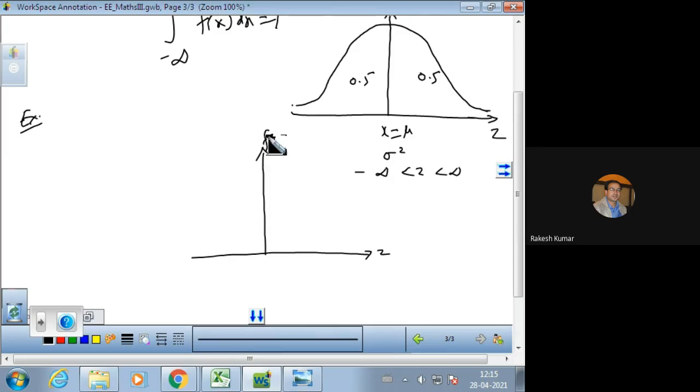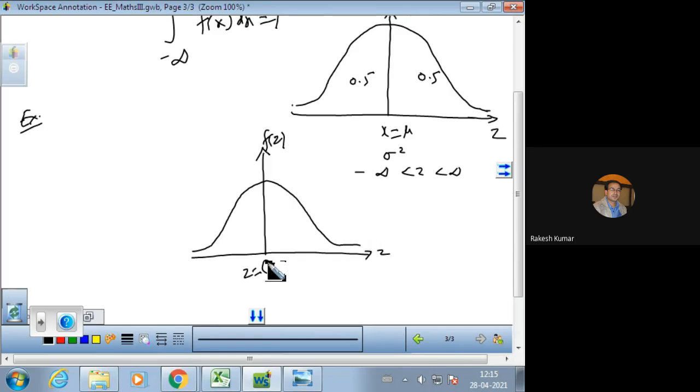This is z, this is f of z. This is the normal curve we have, and this is the mean position, where z is equal to 0, and it is said that the area between 0 and z is 0.3621. This is the area we have.